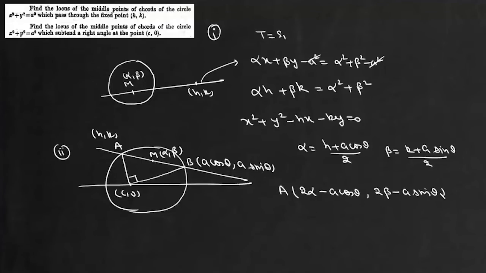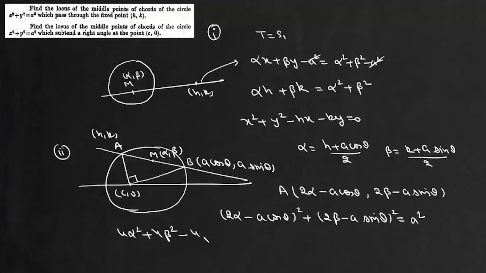Now this point A lies on this circle, so we get 2 alpha minus a cos theta whole square plus 2 beta minus a sin theta whole square will be equal to a square. Lying on this circle, we'll get 4 alpha square plus 4 beta square minus 4 alpha a cos theta minus 4 beta a sin theta, and here a square will cancel.